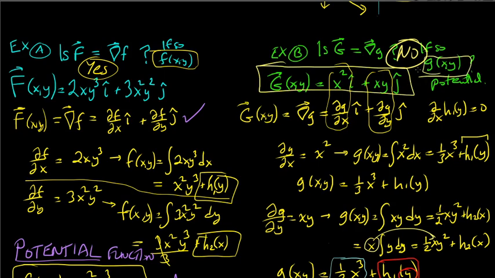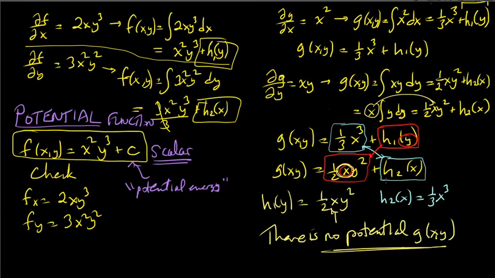We tried finding the little g, and it doesn't work. The h2 of x is fine, but the h1 of y is not going to be just a function of y. So there's no way to match the two together. These things would have to be equal, and they're not.